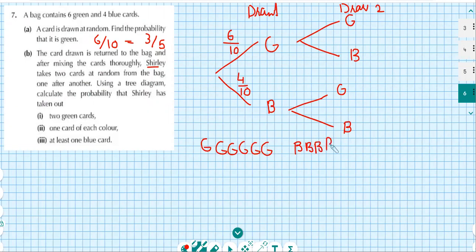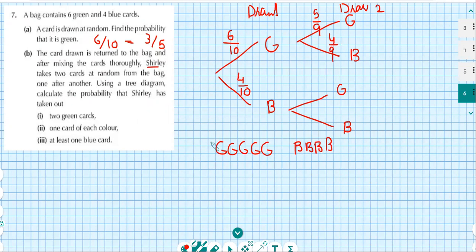So if G has been taken, there are 5 G's left, and the total number of cards will be 9. So the probability of getting another G will be 5 over 9, and for getting B, a blue card, it will be 4 over 9.